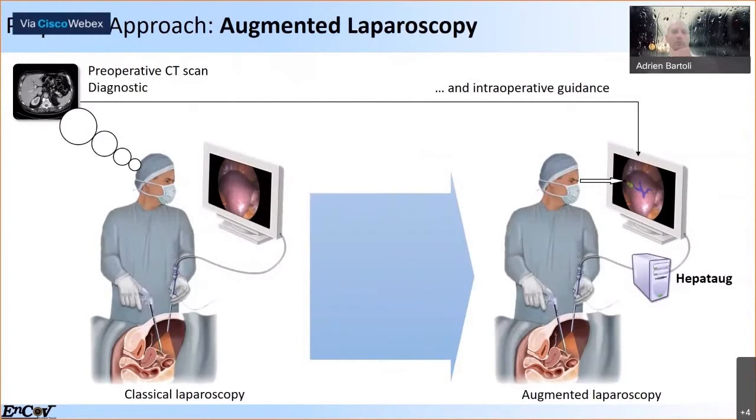What we have proposed and worked on for the past decades is to bring this CT scan information directly into the endoscopy screen during surgery using software that we have developed, called Hepataug. It means hepatic augmented reality in short, and it combines this preoperative CT and the intraoperative images.